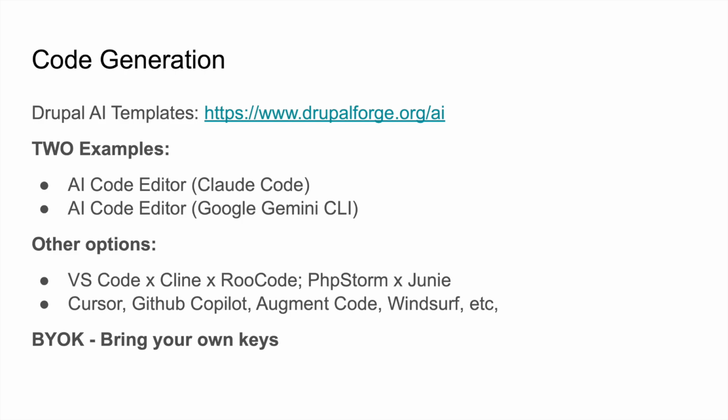But okay, enough of that. What has your experience been? What other tools have you used? Because there are other tools out there like VS Code extensions like Cline and RooCode. I might not have spelled this correctly, but Cline and RooCode are there.